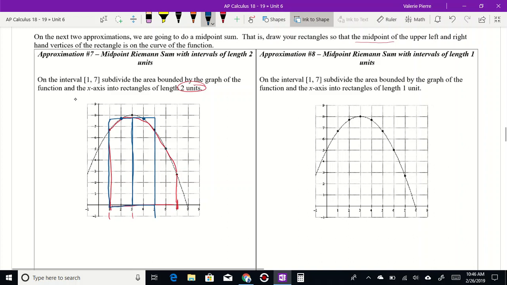So 6 will be the point that is on my graph. Okay, so now I have these 3 rectangles. And again, the base of these rectangles is equal to 2, since my units was 2.